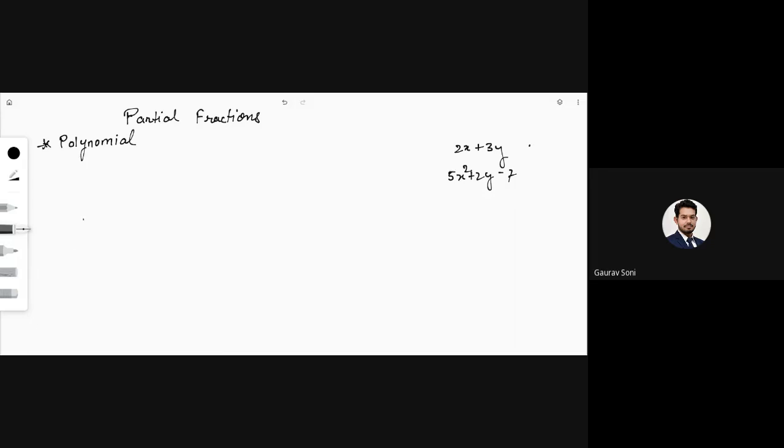A polynomial in one variable looks like a_n x raised to n plus a_(n-1) x raised to n minus 1, plus up to a_1 into x plus a_0.